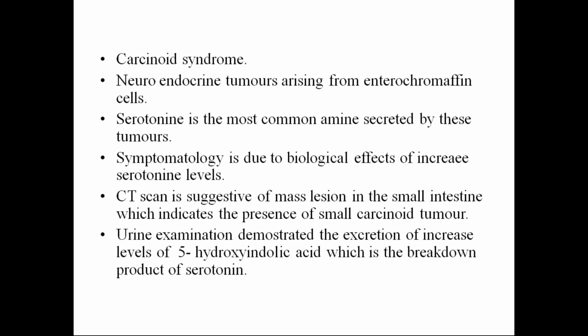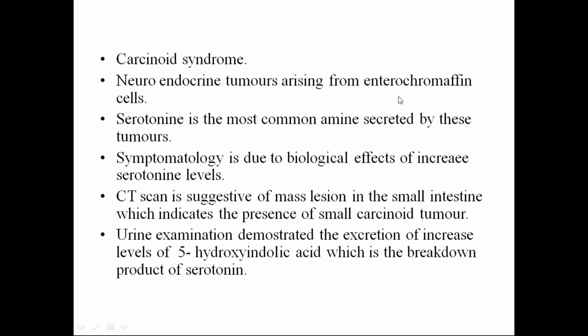In this neuroendocrine tumor, lots of serotonin is produced. It's basically a serotonin-producing tumor, mostly located in the GIT, like the appendix, stomach, rectum, and colon. It produces signs and symptoms of increased serotonin level, and this syndrome is known as carcinoid syndrome.